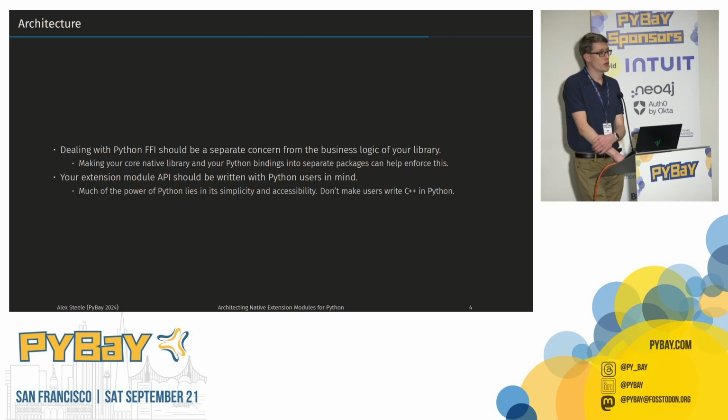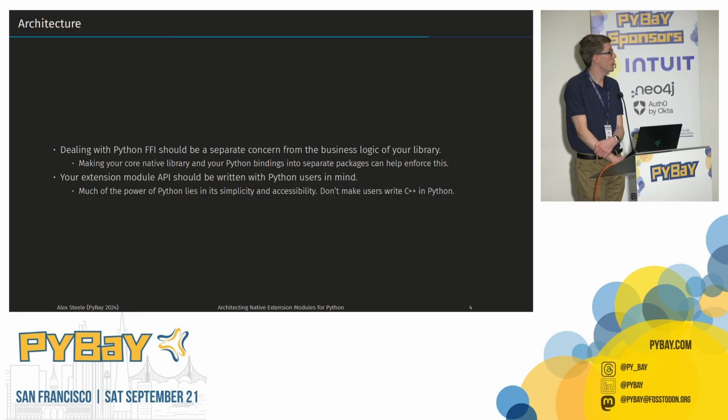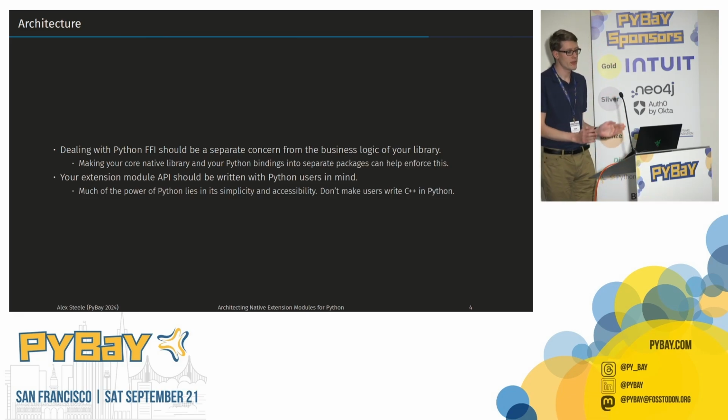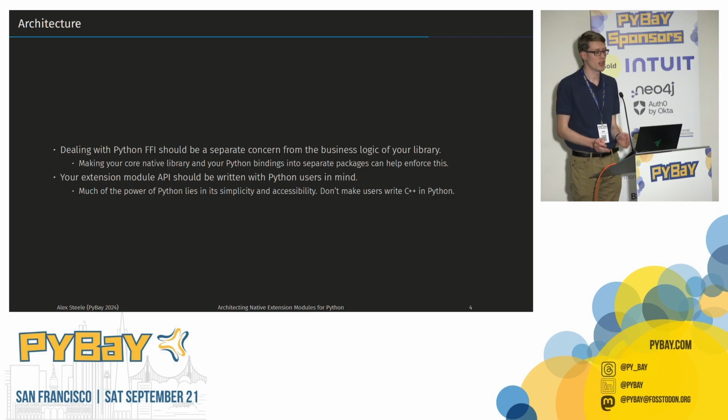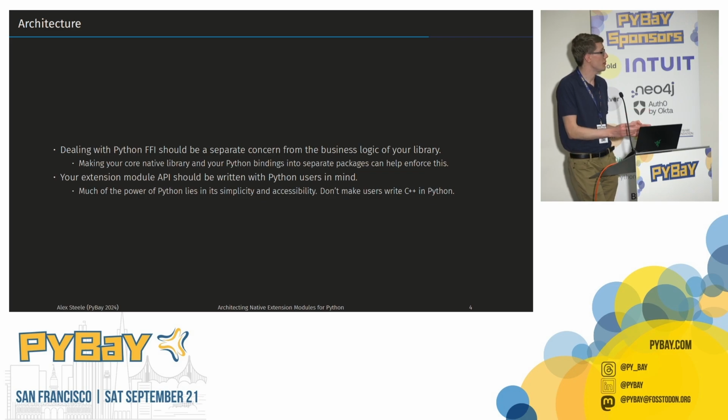Some other considerations are more architectural. Whenever you're dealing with the Python API, you should be thinking of that as a separate concern from the business logic of whatever your library is doing. So if I'm interacting with some low-level robotic simulator that I wrote in C++, I don't want the Python API to be permeating throughout that simulator code base.